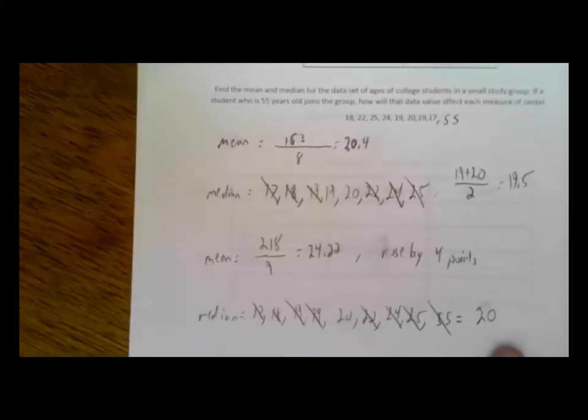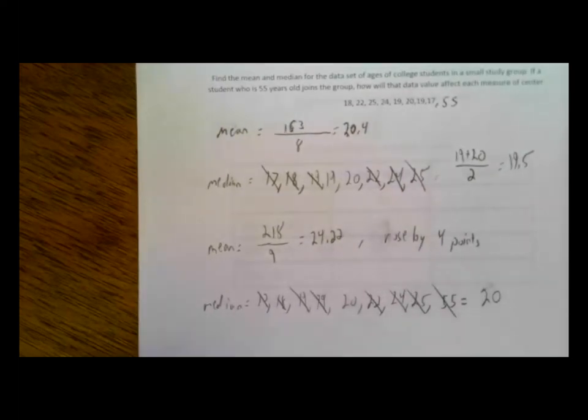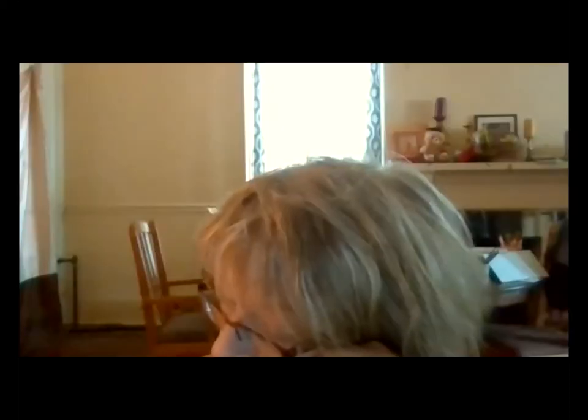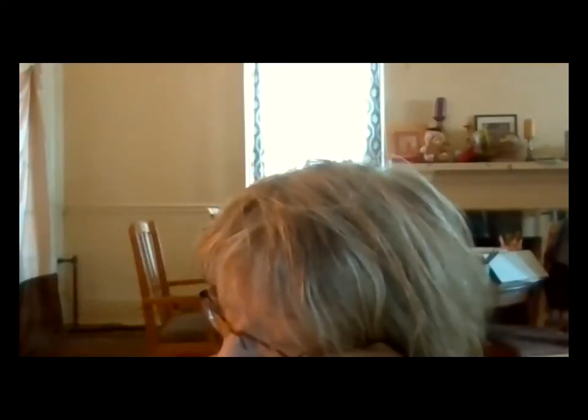So you have this 55, a number a lot bigger than everything else in the data set. When you have these outliers, maybe your mean isn't your best way to look at the center of your data, and maybe the median is a lot better because now you have half the numbers below it and half the numbers above it. Does that make sense? Yeah, it does. So sometimes the mean is worse at showing the average than the median is. So it just depends on the situation.